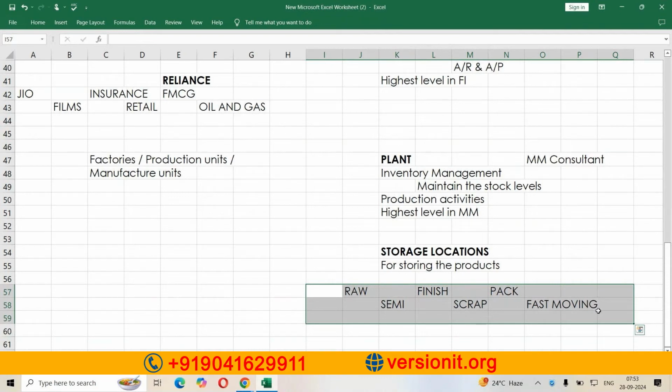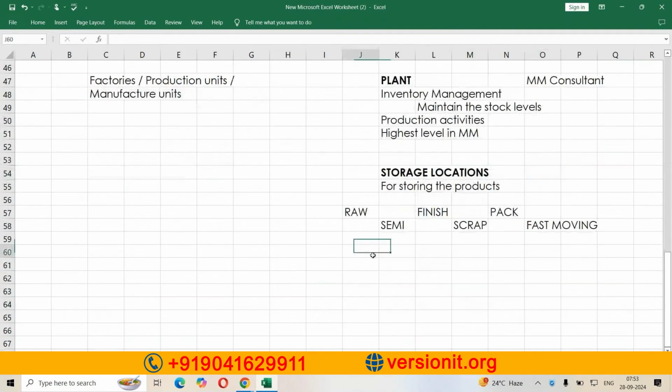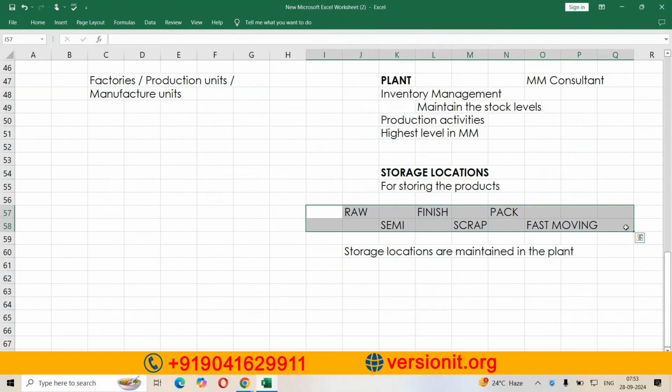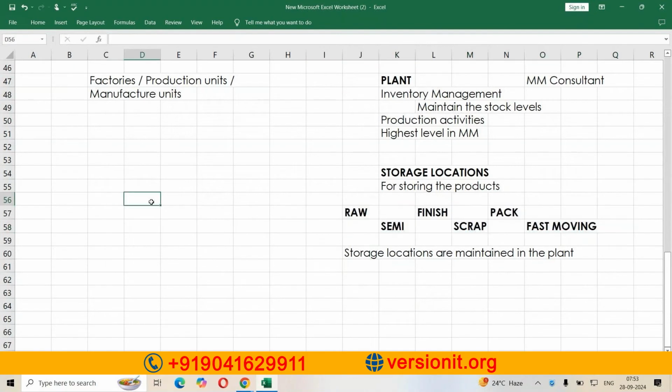So these storage locations are always maintained in the plant for storing different types of materials. And there are different reasons why we maintain so many storage locations. One, for report generation, so I can have information on how much stock is available in the inventory for a particular material. And second reason, for stock rotation functionality.